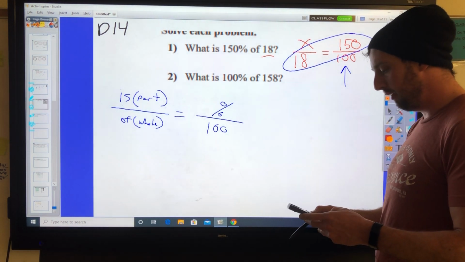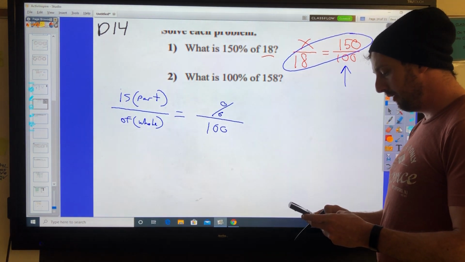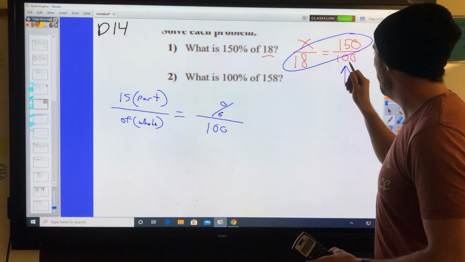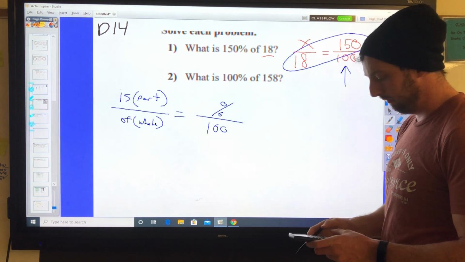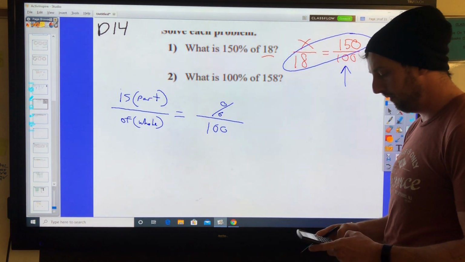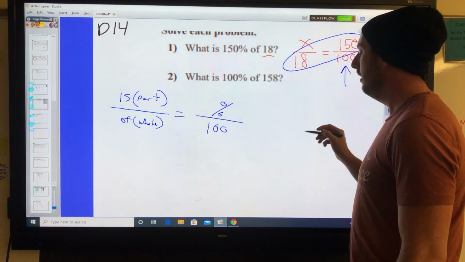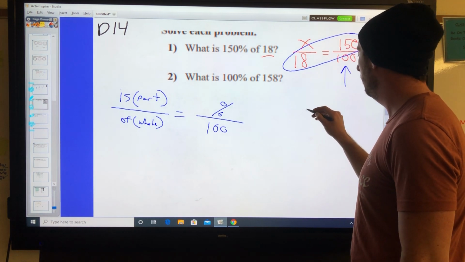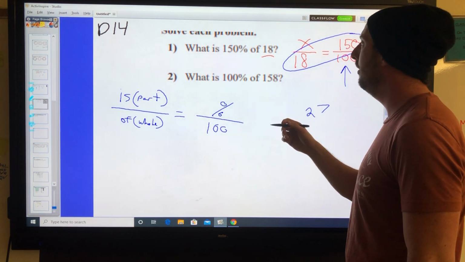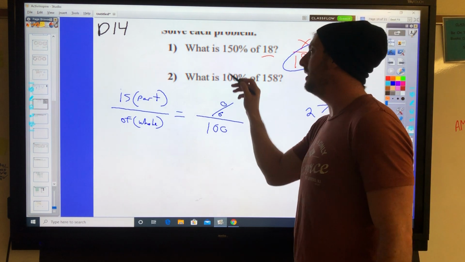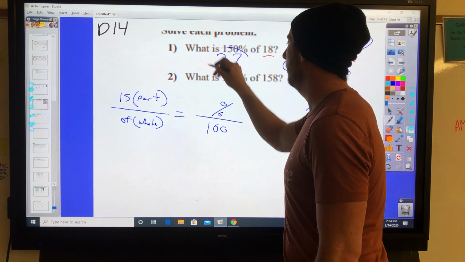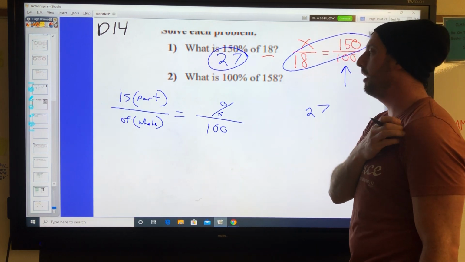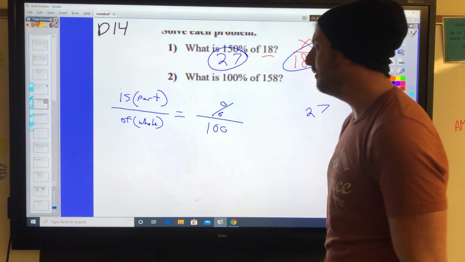So in my calculator, I'm going to multiply 150 times 18, and then divide by my remaining number of 100. So divide by 100, and your answer is 27. So my answer is 27. So what is 150% of 18? Your answer is 27. Number 2, what is 100% of 158?